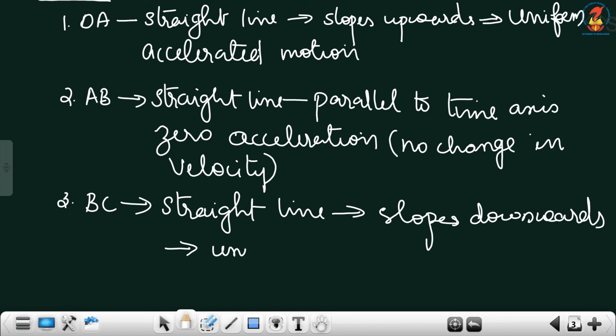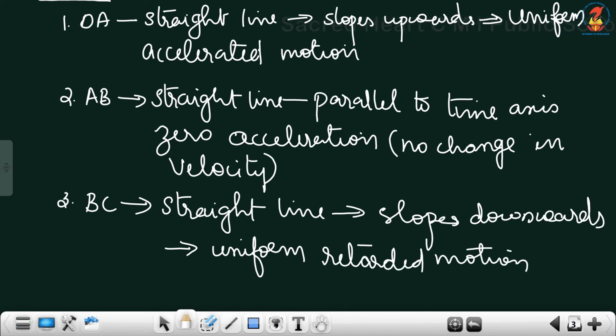So, uniform retarded motion. That is about the first 3.